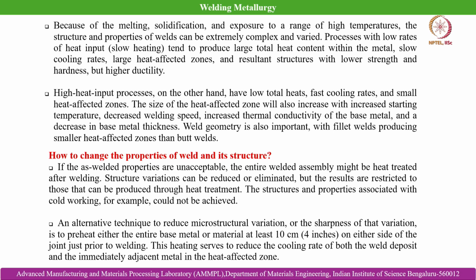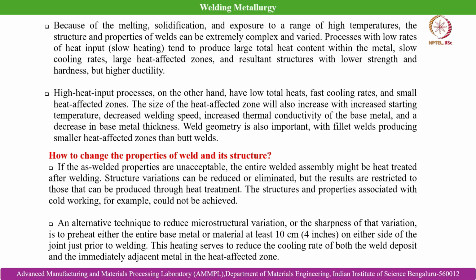An alternative technique to reduce microstructural variation, or the sharpness of that variation, can be to preheat the parent bodies which are going to be joined by a fusion welding technique. Either the entire base metal or material at least 10 centimeter on either side of the joint can be preheated just prior to welding.